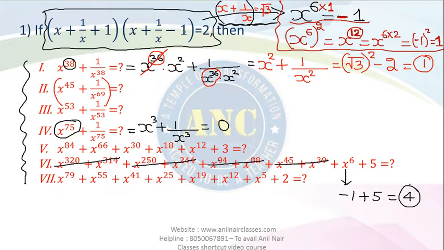I hope till here everyone is clear. Let me write the last sub question of the first main question on the next screen. Let us solve it. The seventh sub question has powers 79, 55, 41.